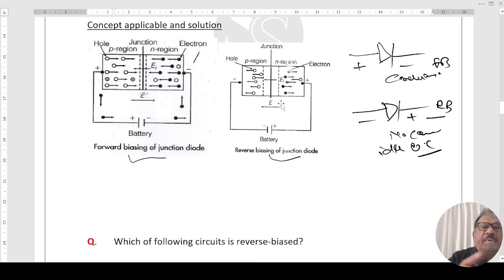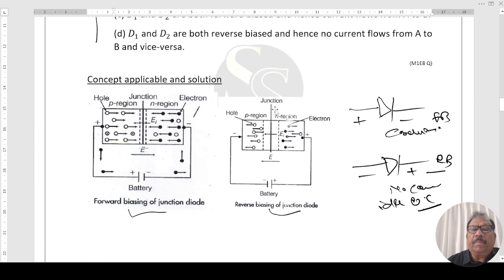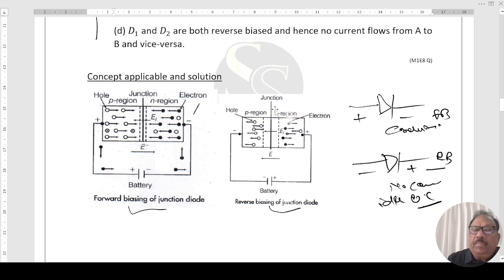Right? This is P-type. There are 2 types of semiconductors: intrinsic and extrinsic. Silicon and germanium belong to group 14, tetravalent.